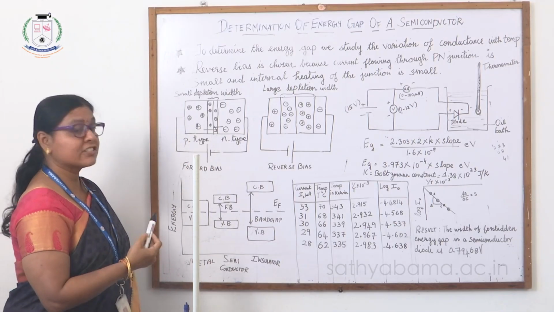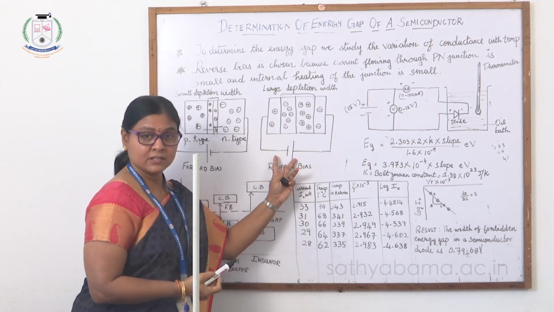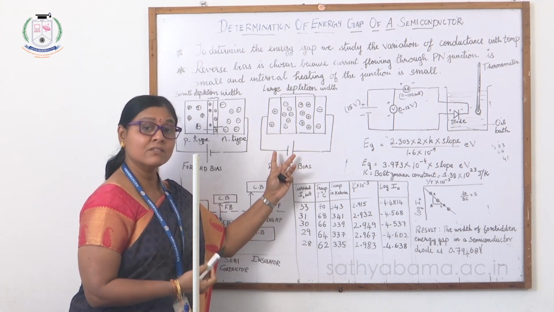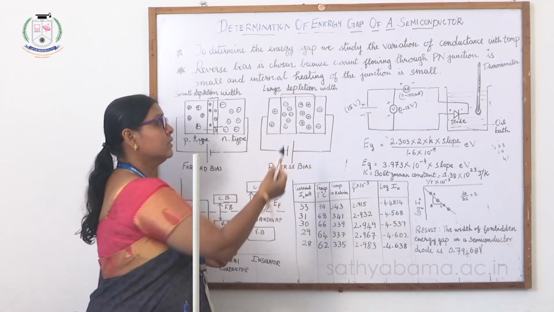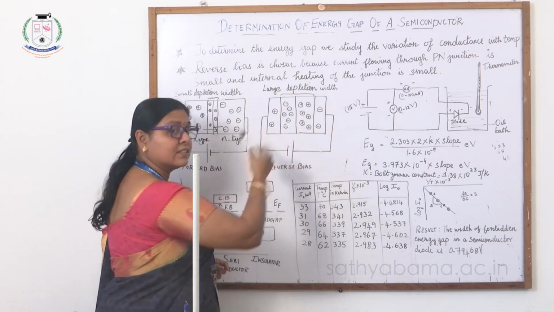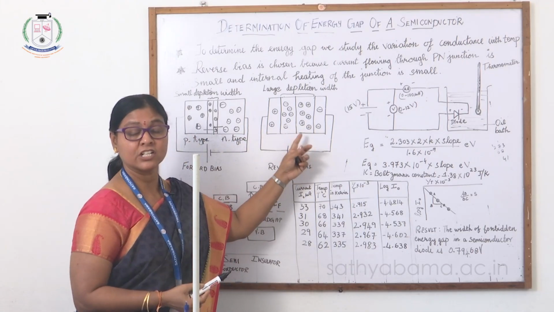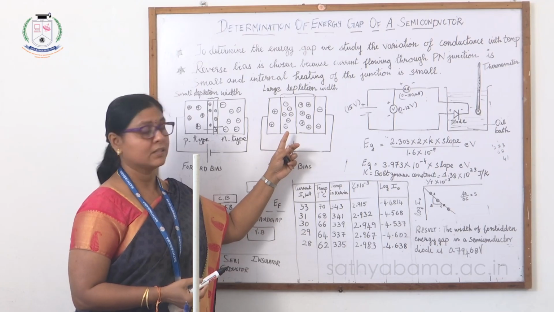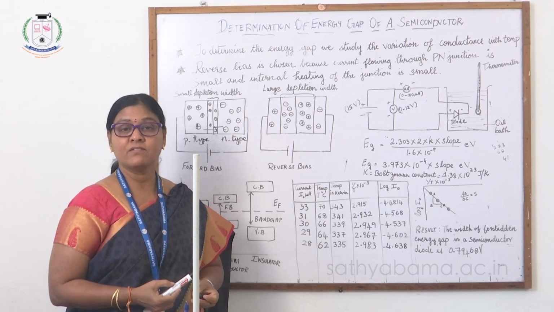Now the status changes if the connection of the battery is reversed. So this condition will lead to a larger depletion width wherein the flow of current at the junction is completely negligible. It is very, very small.